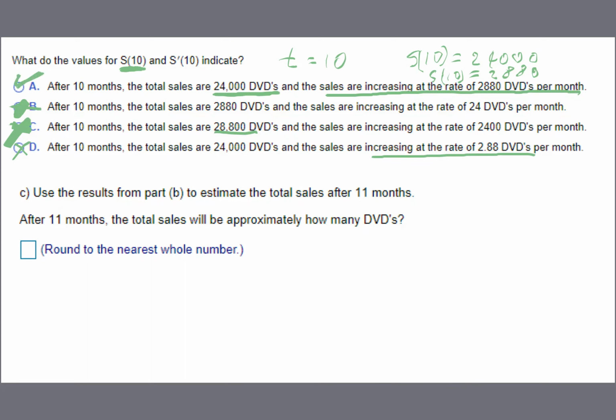All right, so now using the results from part B, we want to estimate the total sales after 11 months. Since S of 10 is 24,000, we know that when 10 months have passed, the sales were 24,000.